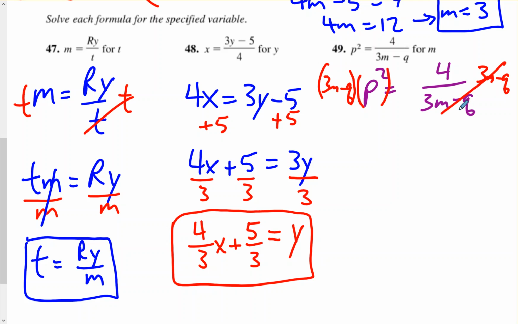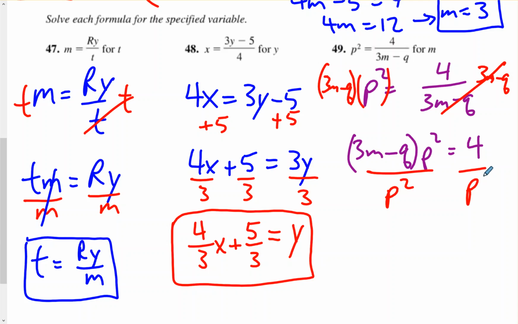So that these would cancel on the right. So we have 3m minus q times p squared equals 4. Okay, we could divide by p squared, both sides. So we will have 3m minus q equals 4 over p squared.